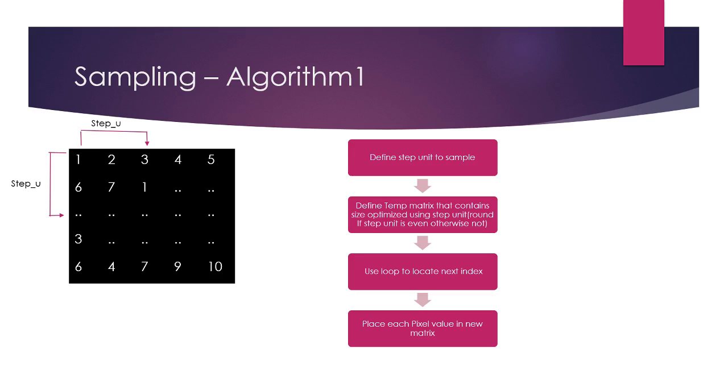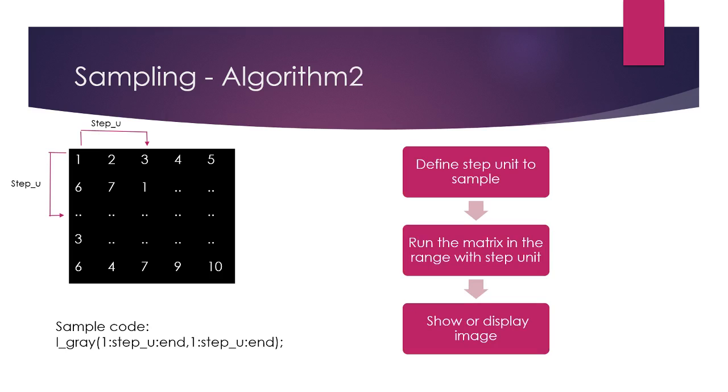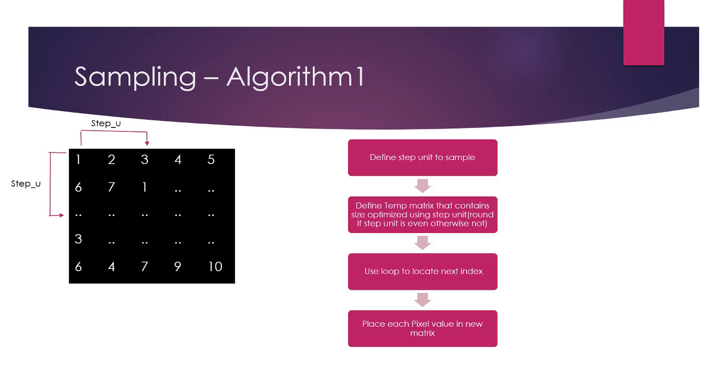And of course you need to use some loops to jump from one place to another in row versus the column, and place each pixel into a new matrix which is defined ahead. So here, as you can see, we have two different loops to go row and column for these step units.